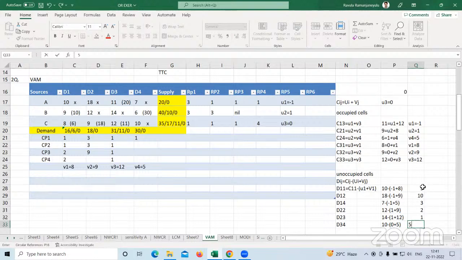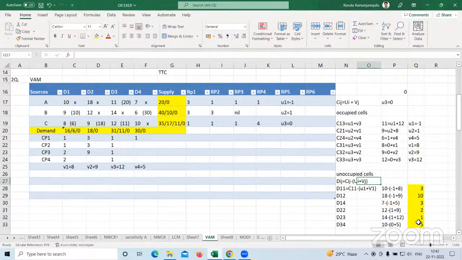So what I am telling you is, these values, the unoccupied cells' resulting figures, whatever we got, must be positive or 0. Then we can say we reached our optimal solution. That means the solution whatever we got by these occupied cells is an optimal solution only.